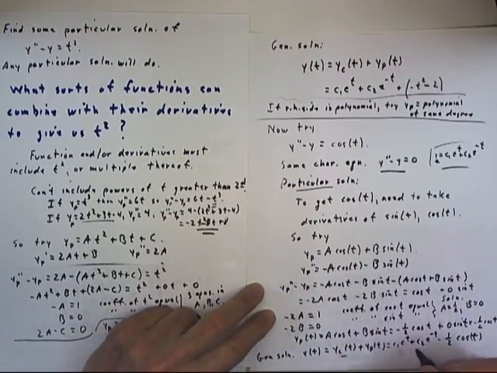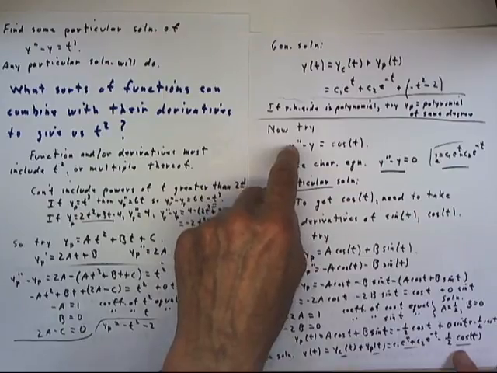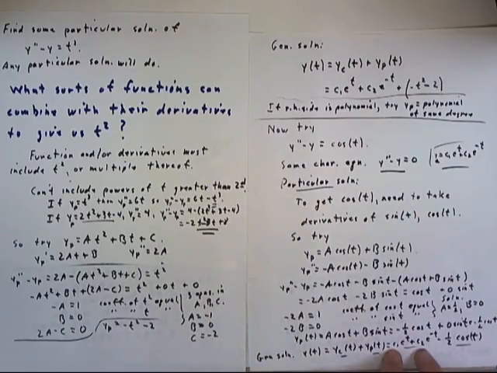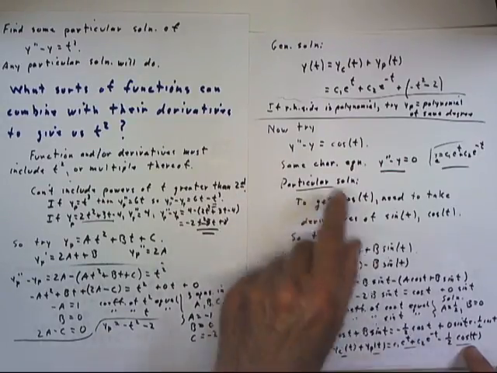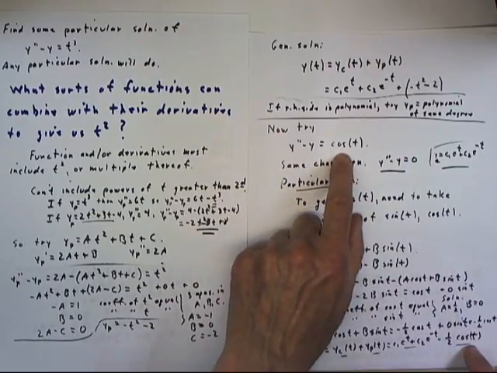That's our complementary solution and our particular solution. You can substitute this back into the equation, and you'll find that no matter what the values of C1 and C2, those terms will subtract off and go away, leaving us with just the second derivative of negative 1/2 cosine t minus the negative 1/2 cosine t, which will come out to cosine t.